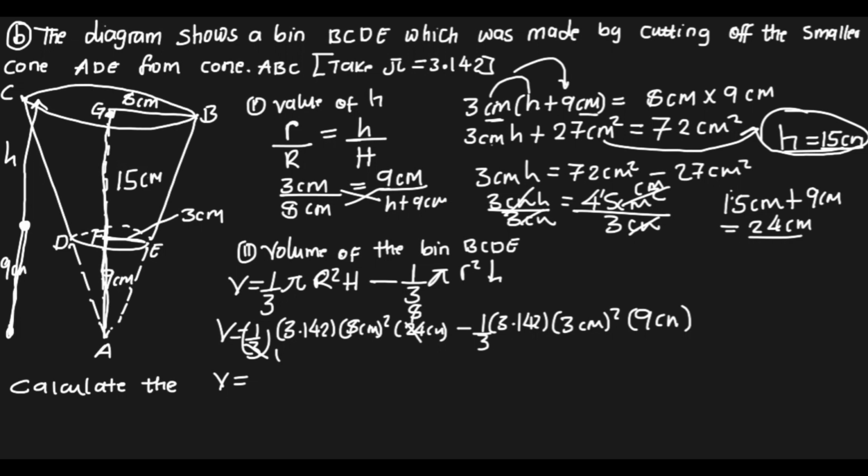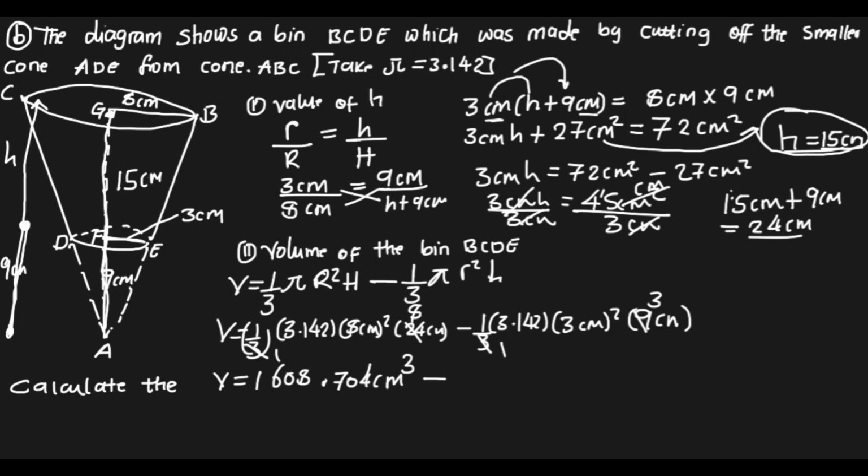So the volume of the larger cone is 1608.704 centimeters cubed, minus, so we can cancel.